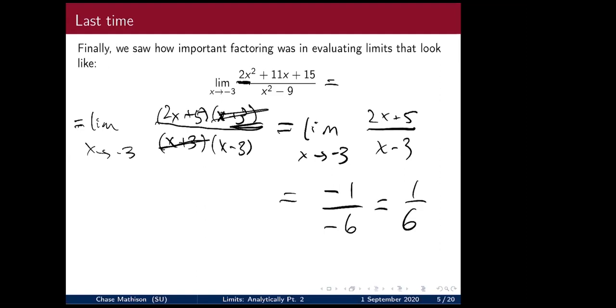And so we just get 1 over 6. Okay. Do we have any questions on that? Do we have any questions on this limit, how that factored, all that jazz?